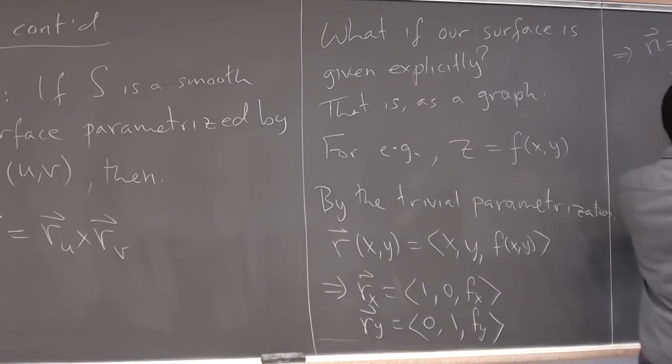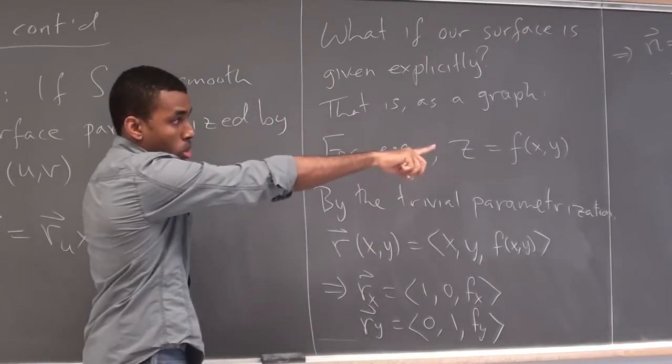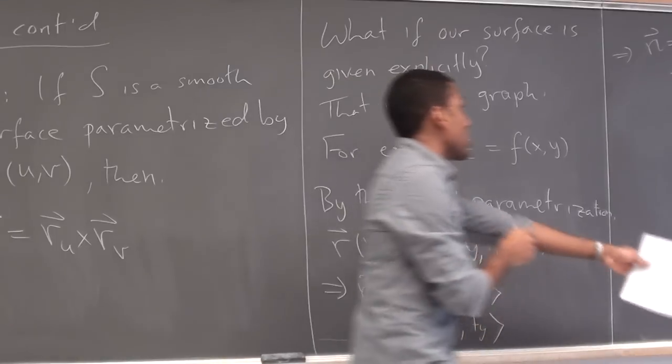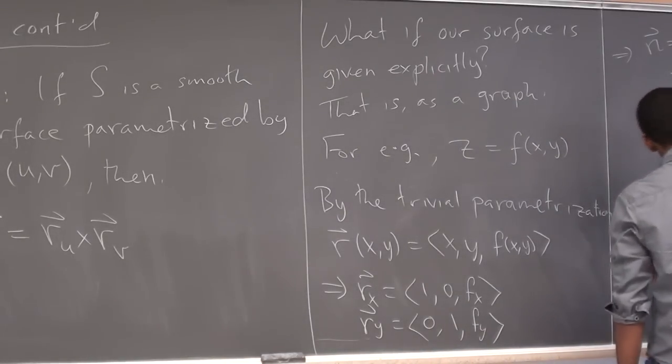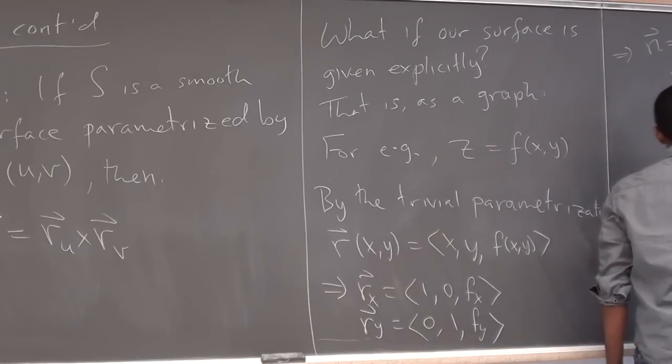Well, this times this minus this times that, that's minus f sub x. Then this times this minus this times that, that's minus f sub y. And then it's 1 minus 0, which is 1. So a normal vector to a graph would have that form if we just follow the theory that we've covered before. Notice, for example, that this normal points up.